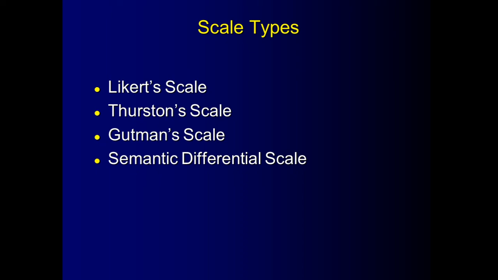So we'll start with Likert. By the way, his full name is Rensis Likert. He was the first guy to develop an ordinal scale or ordinal measurement for measuring attitudes.